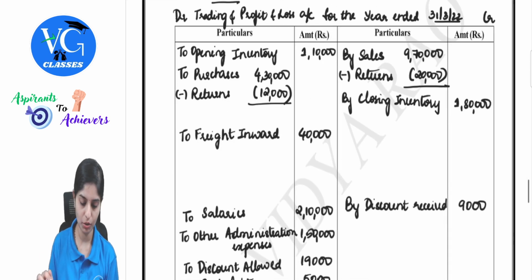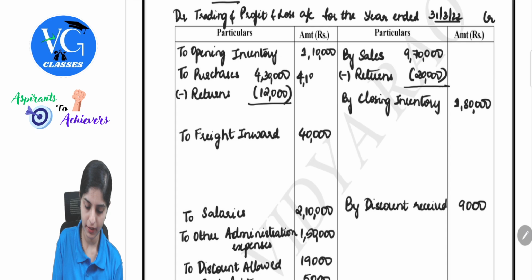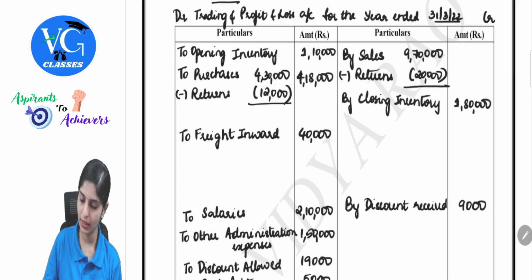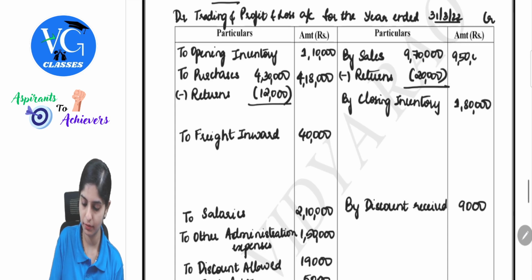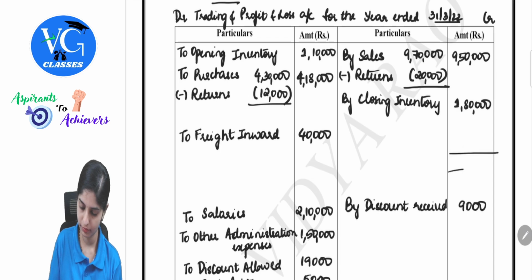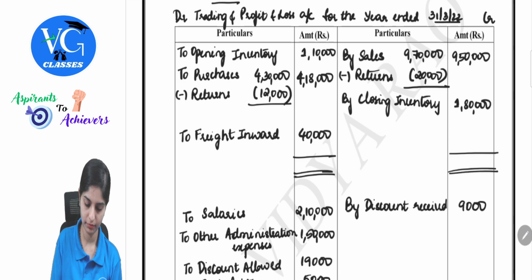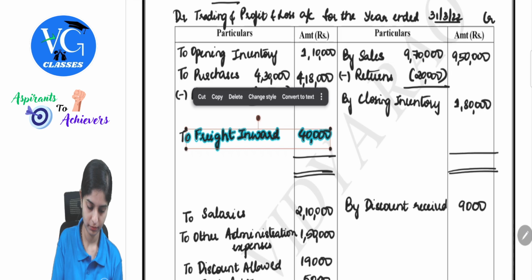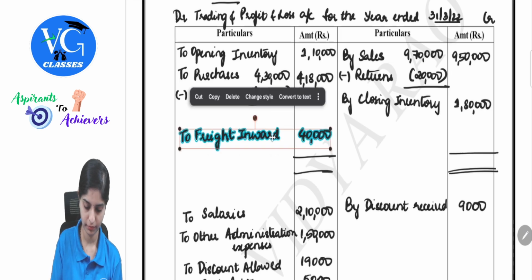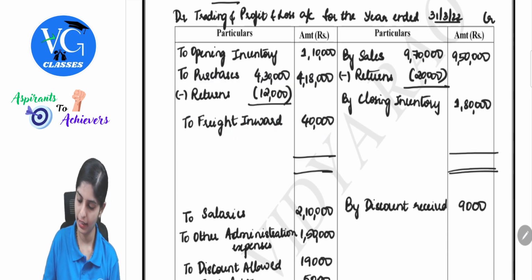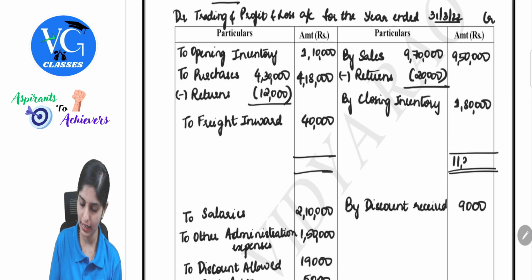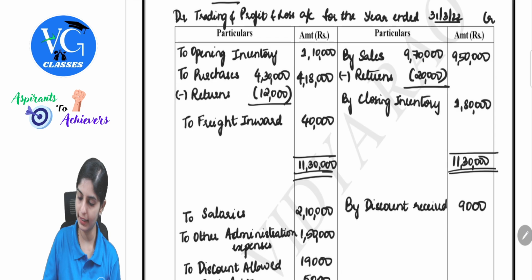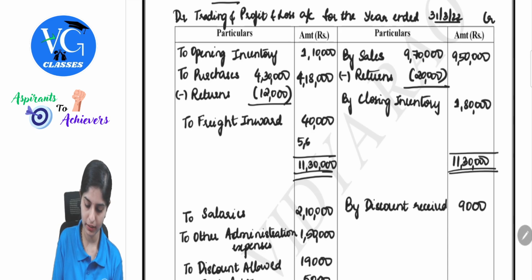So now let's close the accounts. 4 lakh 30 minus 12,000 is 4 lakh 18,000. 9 lakh 70 minus 20,000, 9 lakh 50,000. 9 lakh 50 plus 1 lakh 80 is 11 lakh 30,000, minus 1 lakh 10, minus 4 lakh 18,000, minus 40,000 is 5 lakh 62,000.